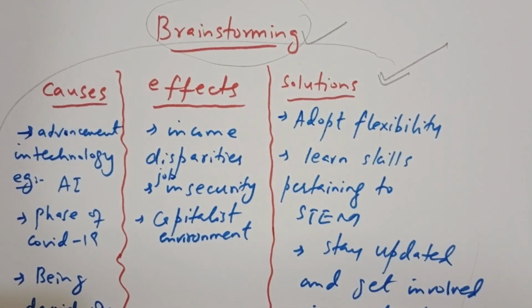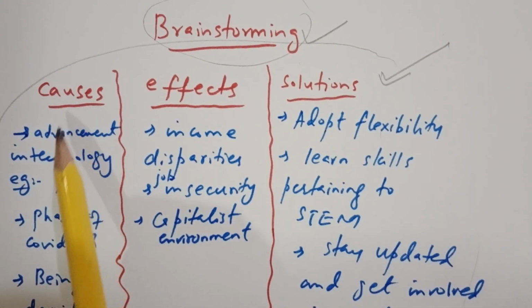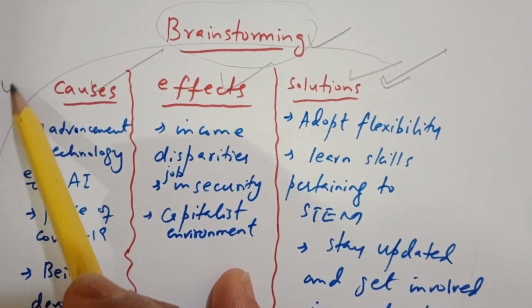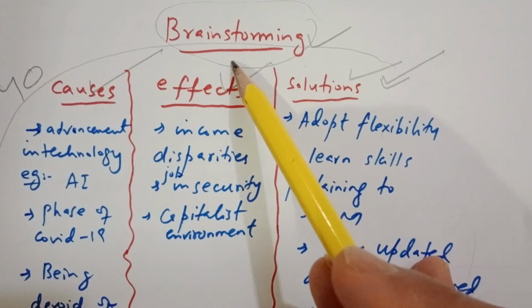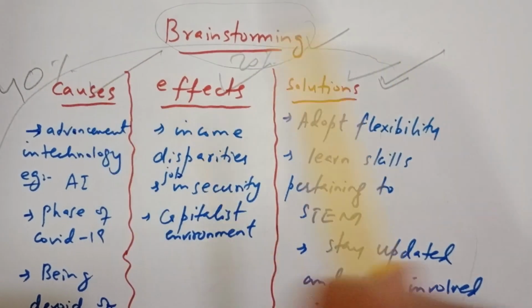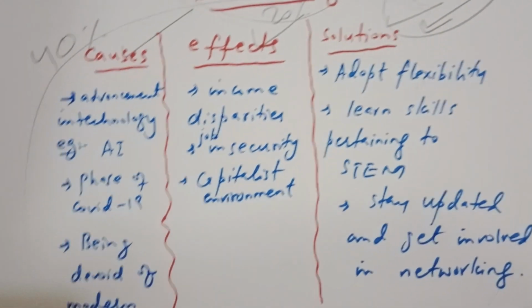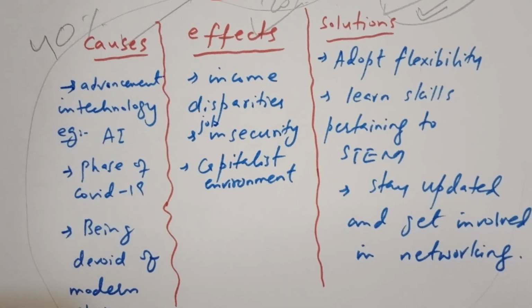So let's see how I have brainstormed this topic. As I already told you, in this essay we will be writing the causes, effects and solutions. Causes will be 40%, effects will be 20%, and the solution will be 40%. So what are the causes that I have mentioned?